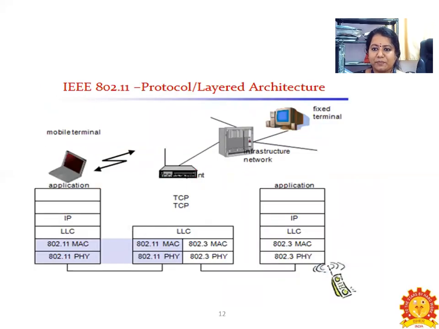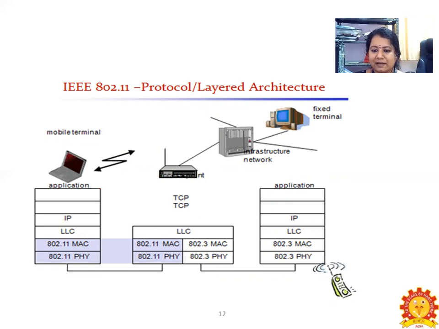IEEE 802.11 protocol or the layered architecture. So here we'll be having a mobile terminal, that is an application layer. The mobile terminal will then be connected to the access point, and this is called an infrastructure network. So here we'll be having an application layer, and then the physical and the MAC layer and the LLC.